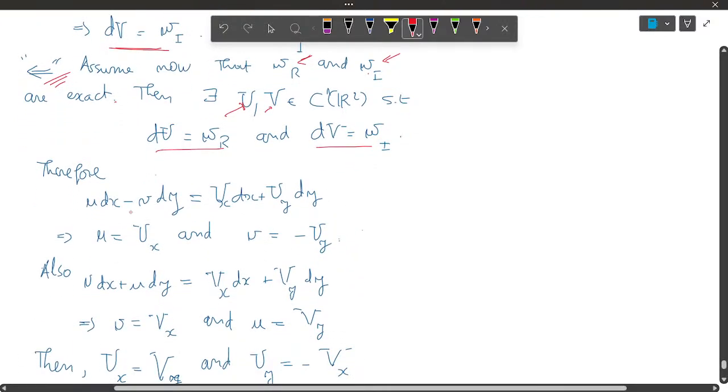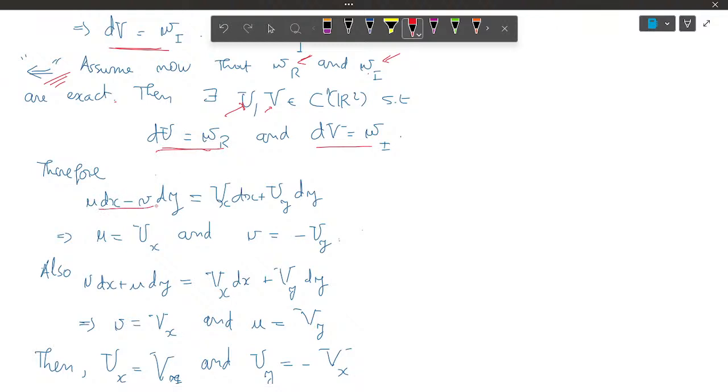So then we have to see from this equation, this is WR, which is this, but it is equal to dU, where dU is the partial derivative of U with respect to x dx plus the partial derivative with respect to y dy.